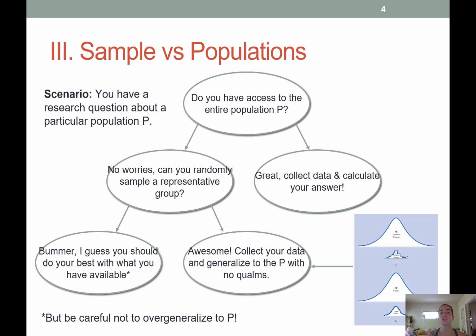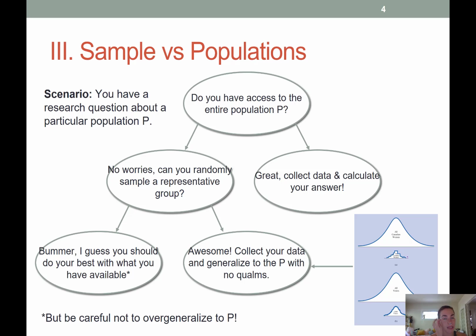So we will have to choose a random sample from the population to get a truly representative group of people for the population. If you can truly randomly sample, making sure every individual in the population has an equal chance of being selected for your study, that's true random sampling.